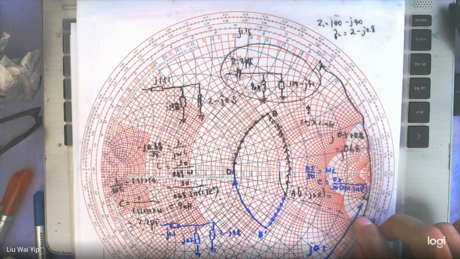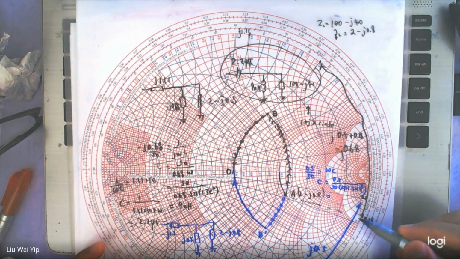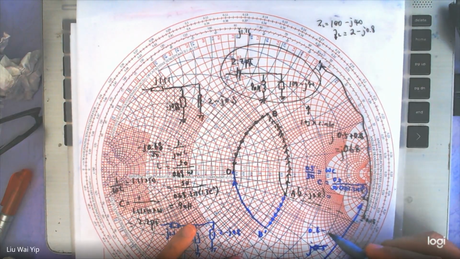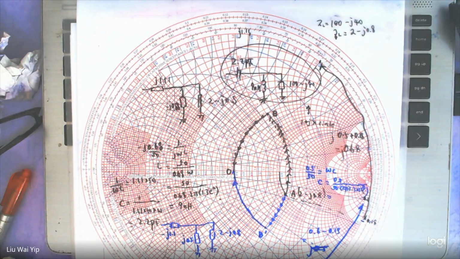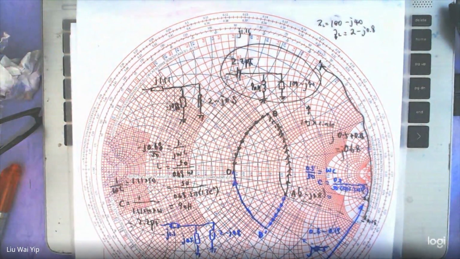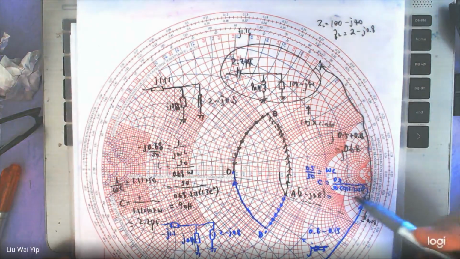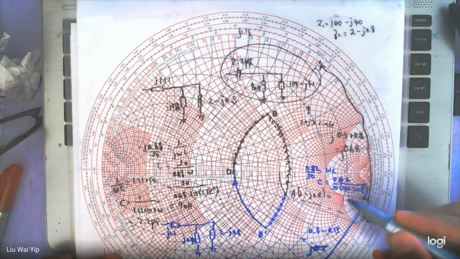Yeah, I should count from here. So this is not 0.5. You should count from here, yeah. So 0.6 minus 0.18, so 0.42. So I got a little bit of a mistake here. So here it should be 0.42. Let's check again.